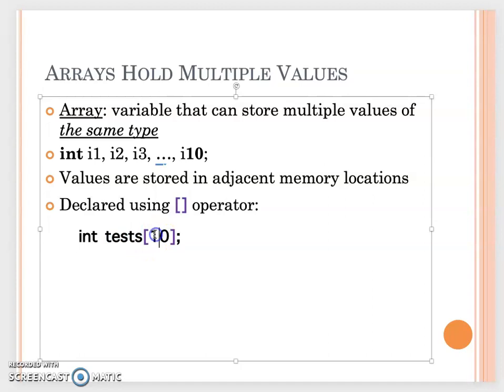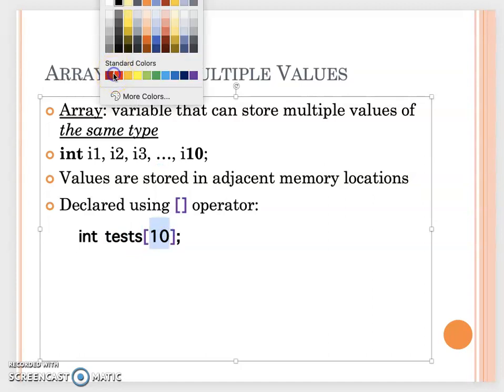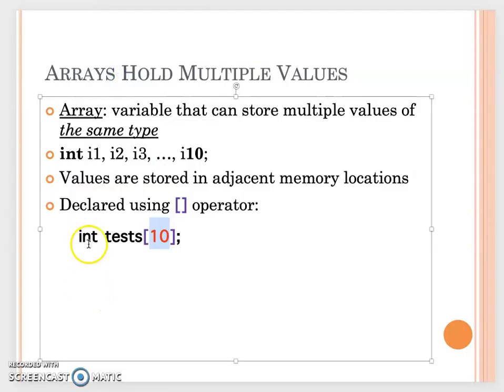So here I put 10. In the square bracket, when we declare an array variable, we use the number in the square bracket to specify how many values I want.